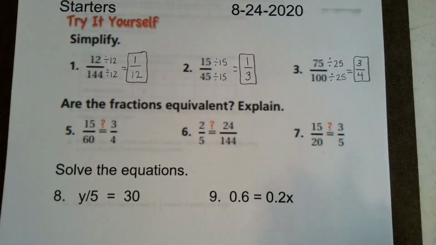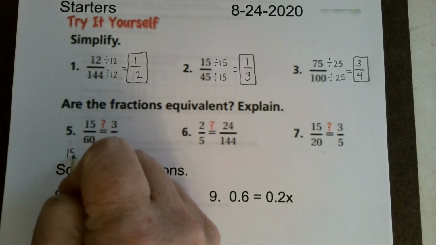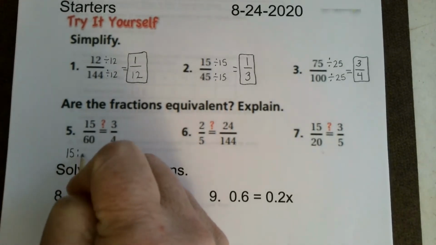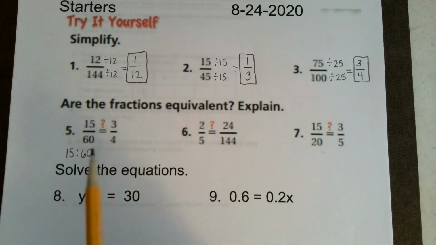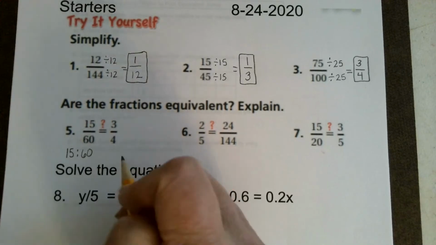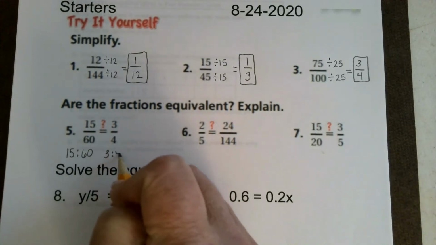All right, when we're looking at whether the fractions are equivalent, I did want to mention too that these can also be ratios. So when we work on IXL tomorrow, you might see 15 over 60, but it's written with a colon in between, 15 to 60, and 3 to 4.